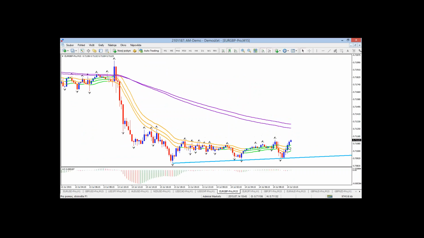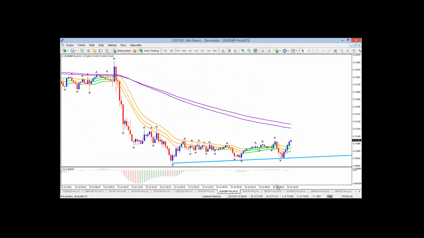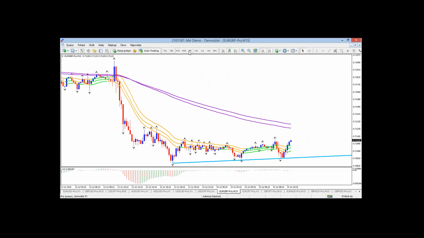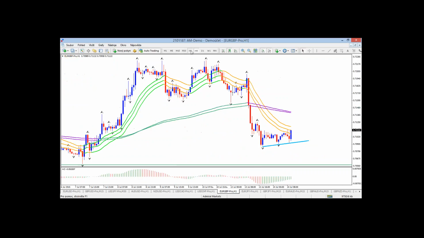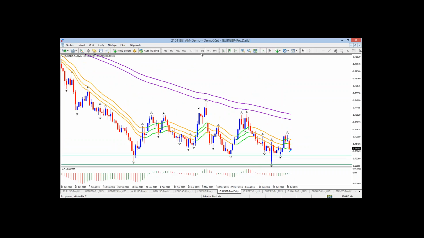Now at this moment, price is moving up actually. Well, probably I wouldn't be really trading it to the upside, because first of all it's in a big downtrend on the daily and weekly.